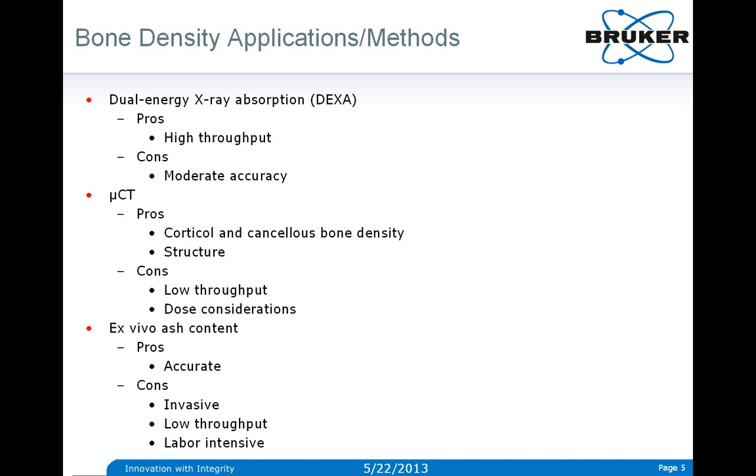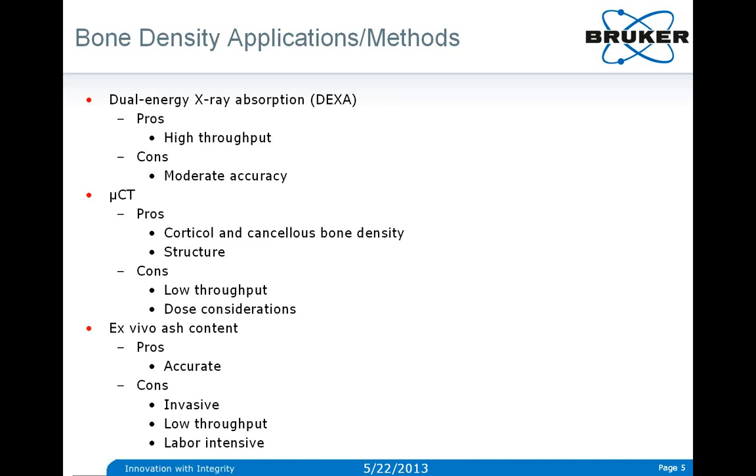The benefit of this technique is that it is relatively high throughput. A large number of samples can be scanned over a relatively short period of time. A criticism of this technique has been that it is only moderately accurate.